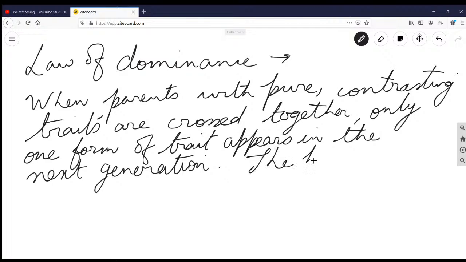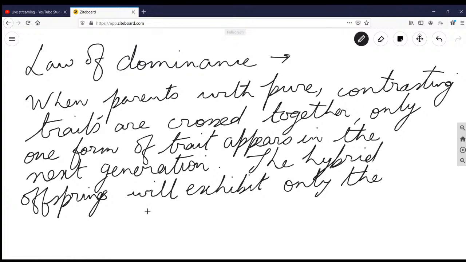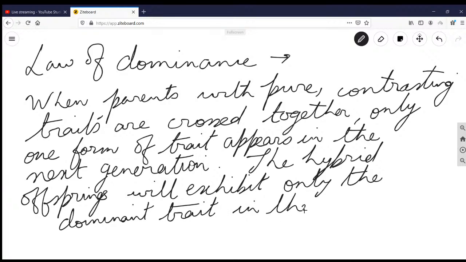Pure means true breed, homozygous dominant or homozygous recessive. So the hybrid offspring will exhibit only the dominant trait in the phenotype. So this is the perfect definition of the law of dominance.